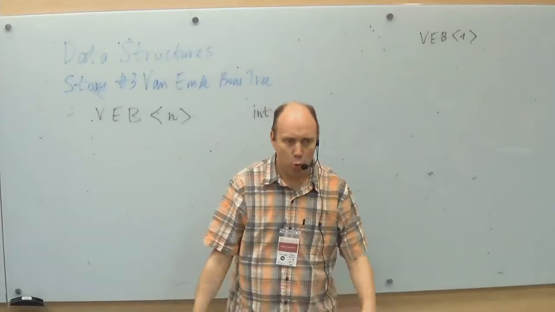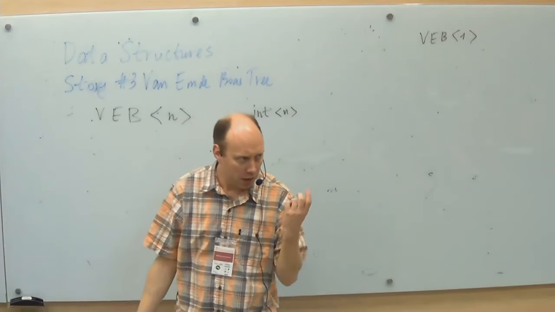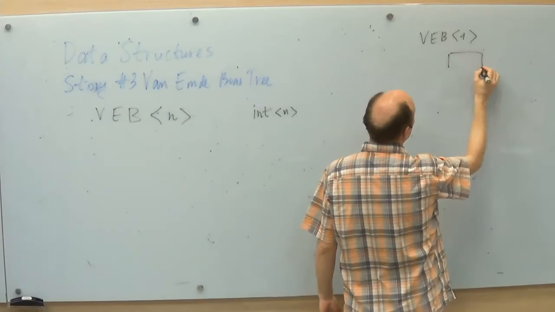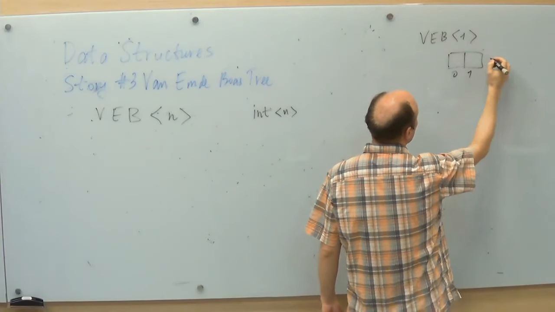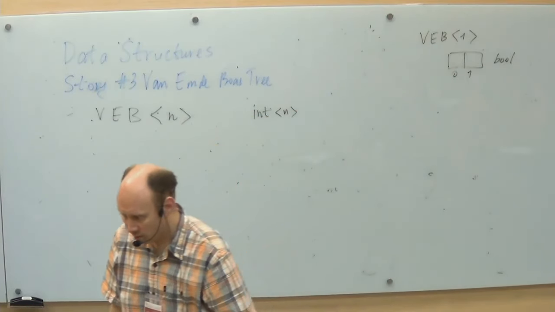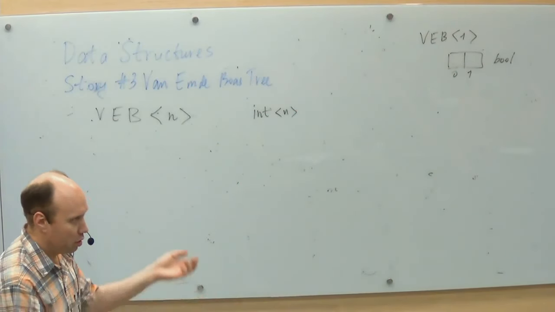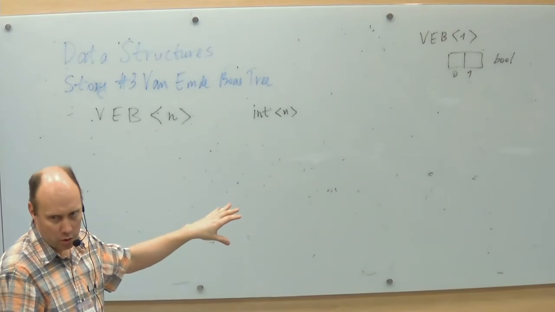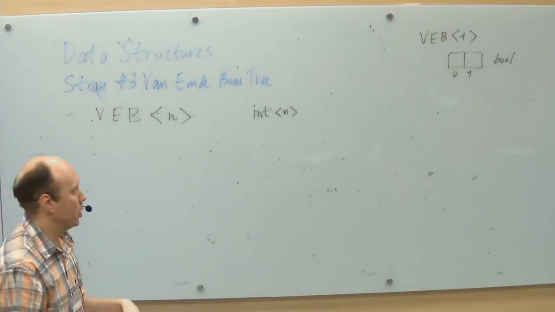Well, it's just a 1-bit value, so it's 0 or 1. We will implement it as an array of 2 Boolean elements, 0 and 1. So do we have 0 or do we have 1? So the bottommost level is just a special case.